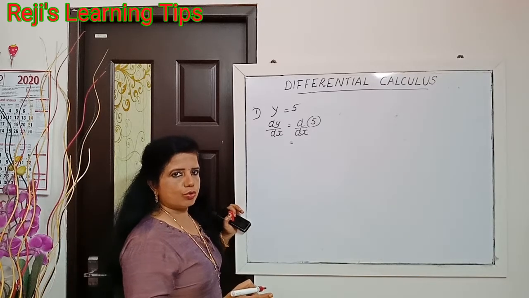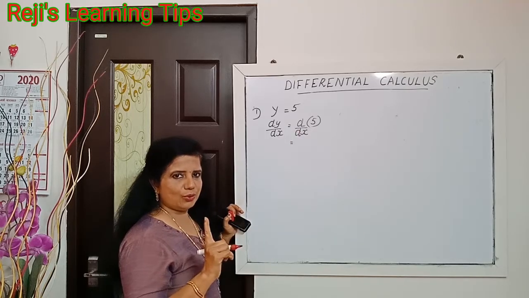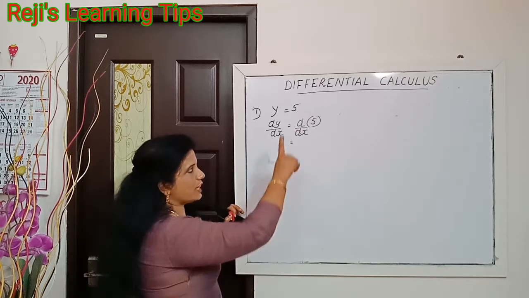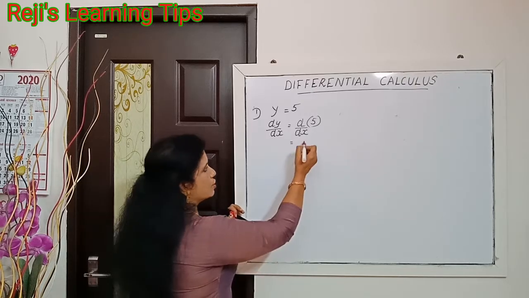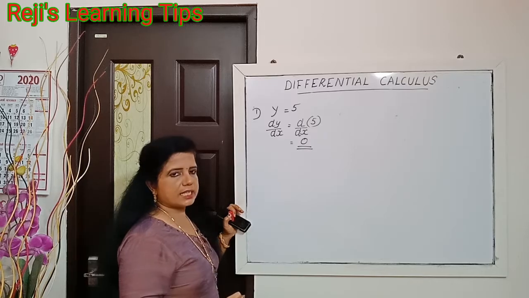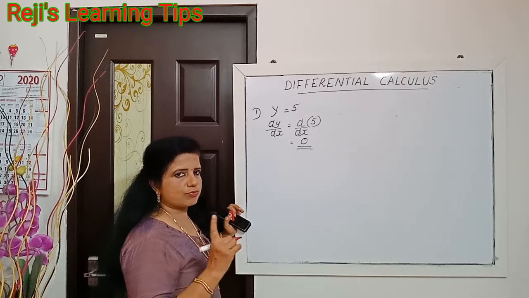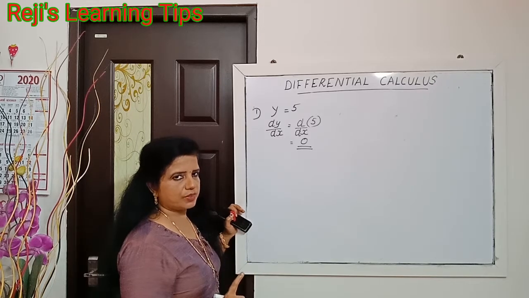According to the first rule, the derivative of a constant is equal to 0. So d by dx of 5 is equal to 0. Derivative of a constant is equal to 0.